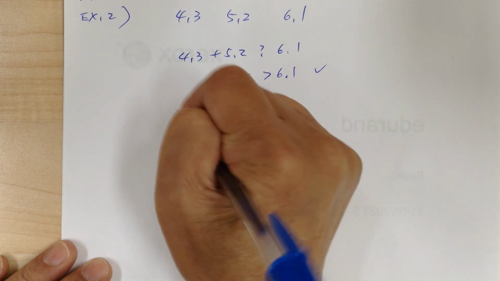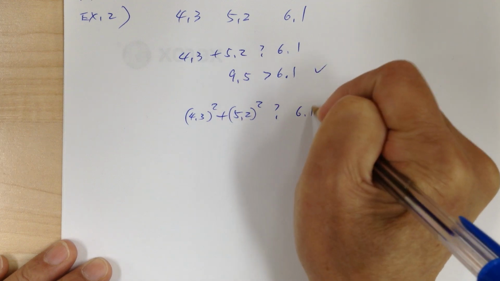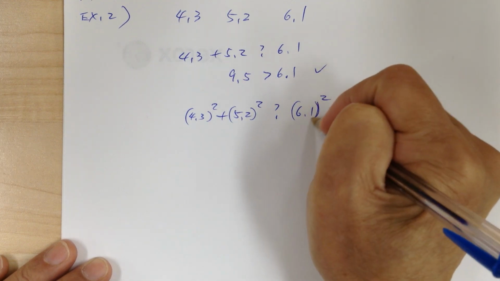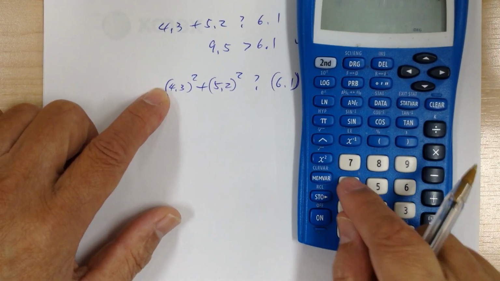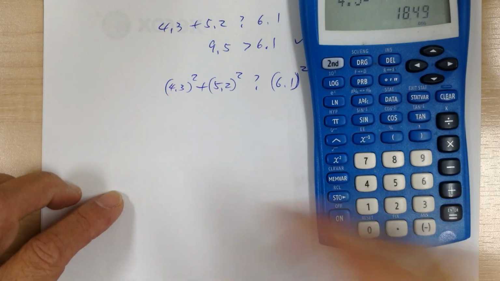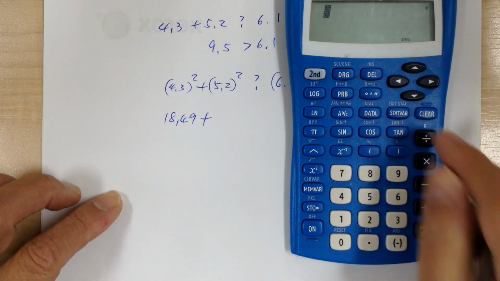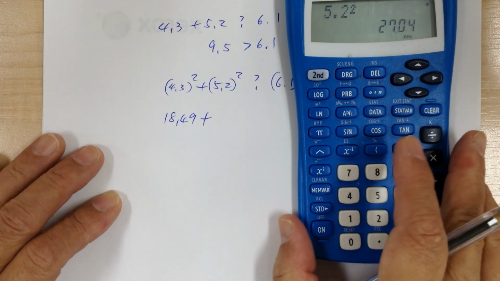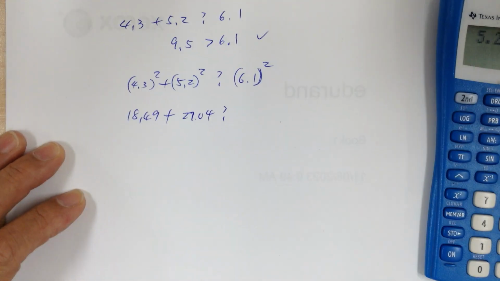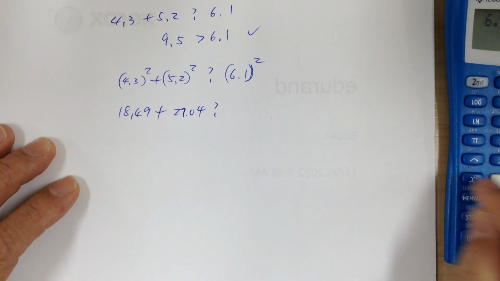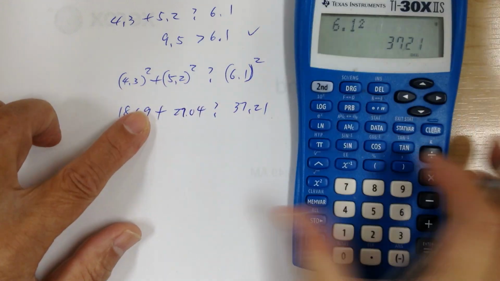So you have 4.3 squared plus 5.2 squared, question mark, 6.1 squared. Let's use the calculator, since these are decimals. 4.3 squared is 18.49. 5.2 squared is 27.04. And 6.1 squared is 37.21.